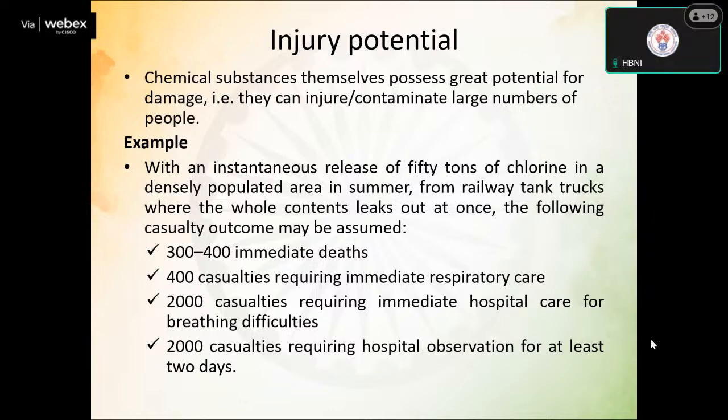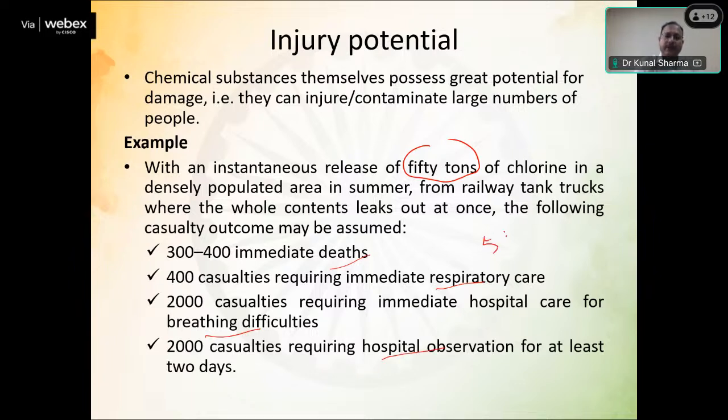Okay, so I was discussing the injury potential, where I was quoting an example of 50 tons of chlorine leaking in a populated area and what the injury potential will be. You can see a rough figure of around 300 to 400 immediate deaths, around 400 casualties requiring immediate respiratory care, 2000 casualties requiring immediate hospital care for breathing difficulties, and 2000 casualties requiring hospital observation.